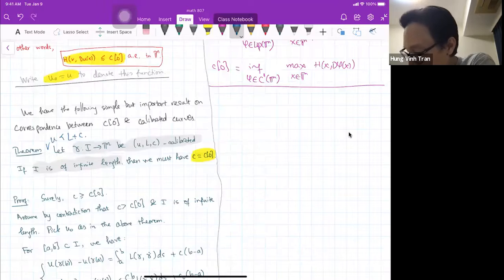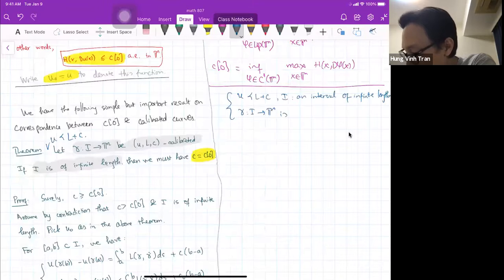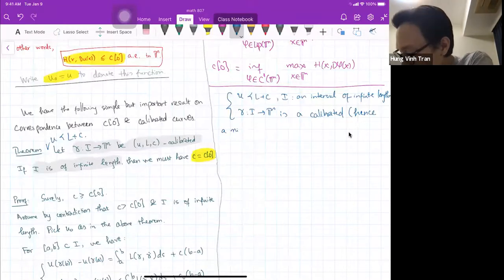Okay, so let me sum it up here. So U is dominated by L plus C, and I is an interval of infinite length, and I have gamma mapping from I to the torus that is calibrated, hence, because again it's dominated by L plus C, a minimizer.